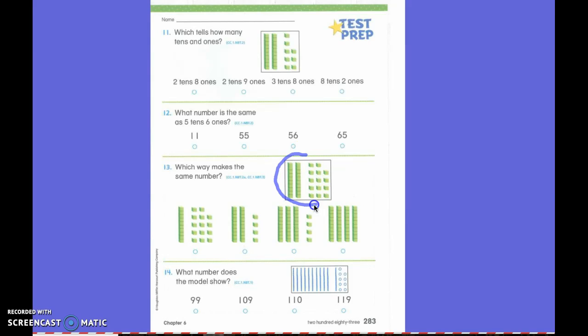This one asks which one of these makes the same number, the same number but in a different way. Remember how we did that? We did that 3 different times, how we took them apart or put the tens together.